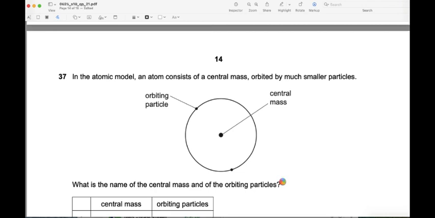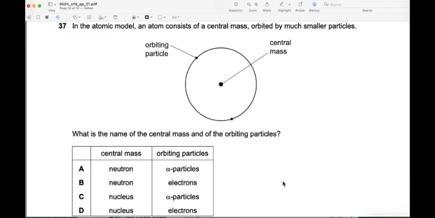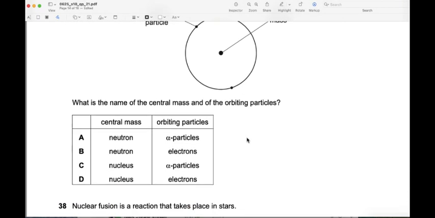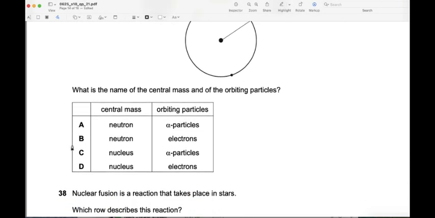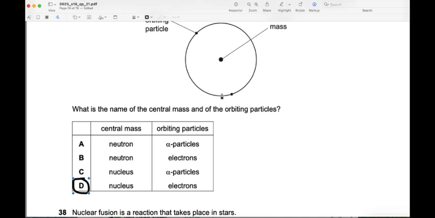The central mass is the nucleus, not neutron. So the answer is between these two. The orbiting one is the electron, so the answer is D. Nucleus for the central mass, and what is moving around it is the electron.